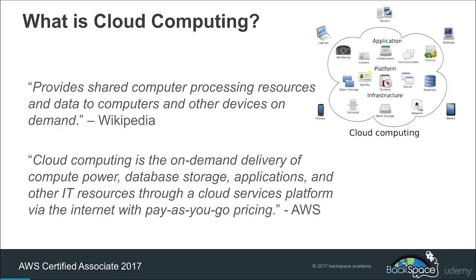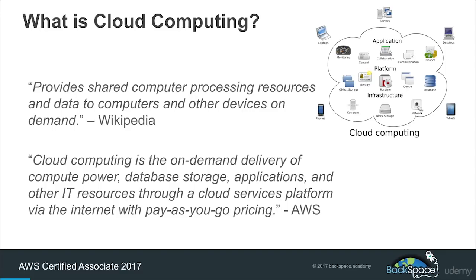Well, it's actually not correct. So I think one of the best definitions for cloud computing comes from Wikipedia. That simply says that cloud computing provides shared computing processing resources and data to computers and other devices on demand.